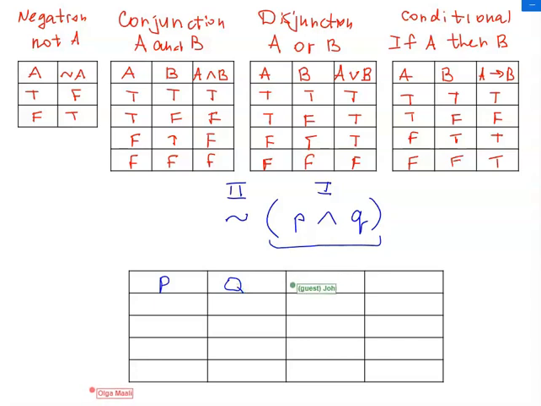And then here, let's do, what's the next step? We're going to do what's in parentheses. So that's P and Q, right? And of course, we'll be following this rule. And then at the very end, we're just going to do the negation of P and Q. All right? Okay, that's great. So this is step number one, and this will be step number two.